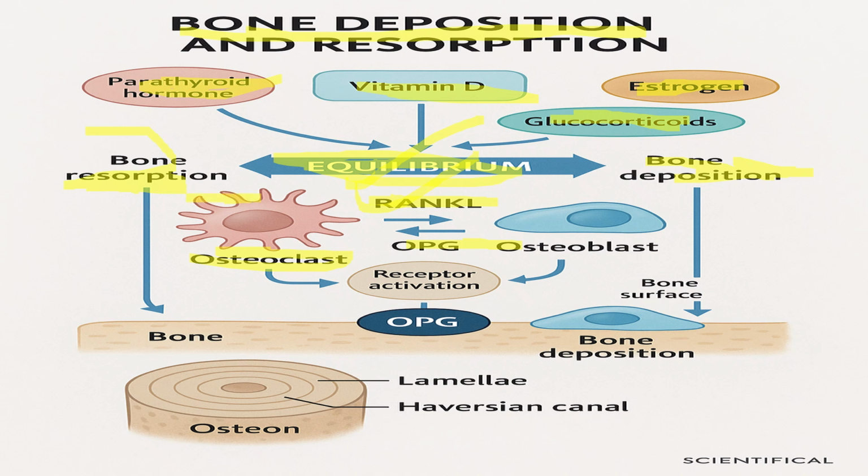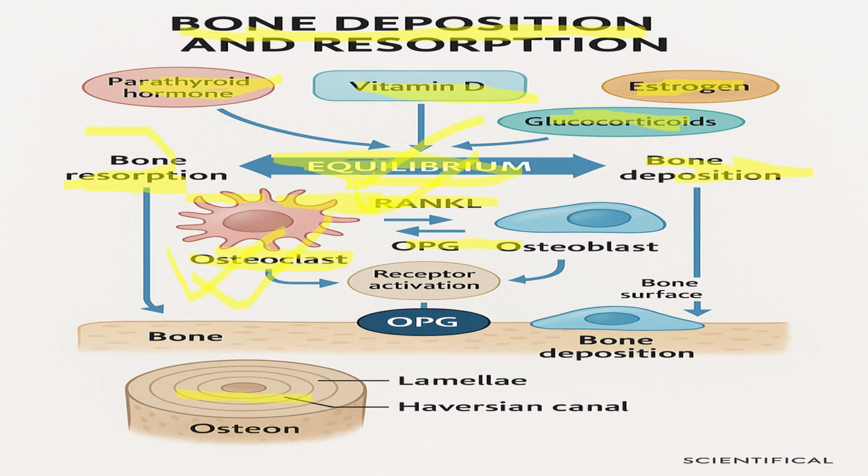RANK is on their surface, so when RANK ligand and RANK interact, there is maturation of these osteoclasts. RANK ligand binds with the RANK, and this leads to osteoclast activation, which results in bone resorption. Osteoprotegerin blocks the RANK ligand and RANK activity, so it inhibits the resorption of the bone.